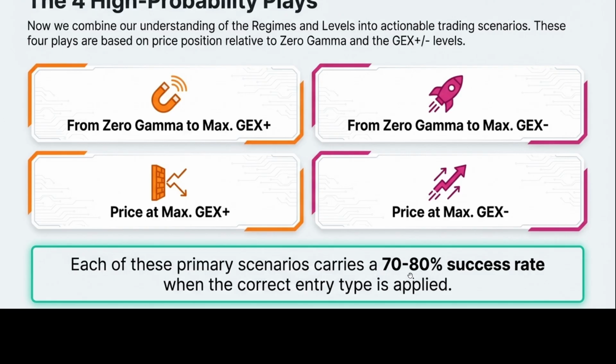This percentage is not from risk reward backtesting. This is about comparing the kind or the type of trade that we took in every scenario.